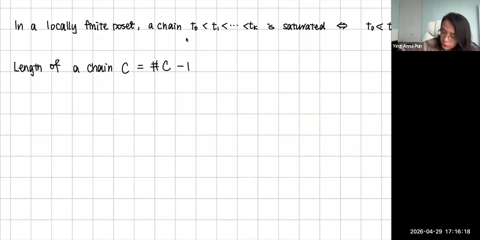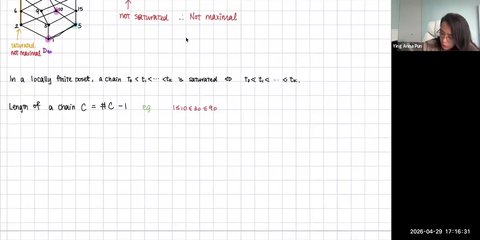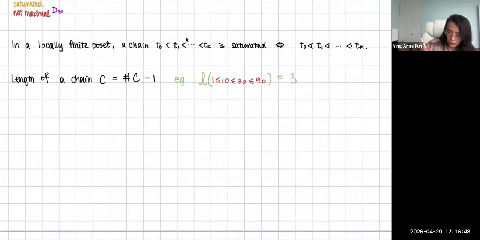For example, the length of this chain here is 3. Why is that? Because you look at it, that's like 1, 2, 3. So that's 3. Or you can say 1, 2, 3, 4, minus 1 is 3.